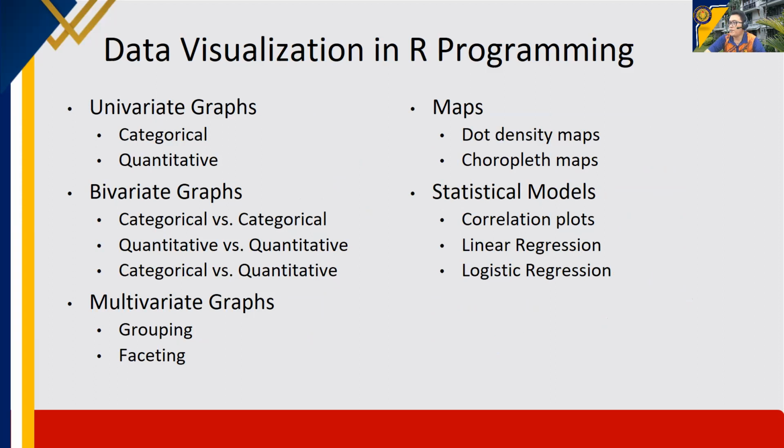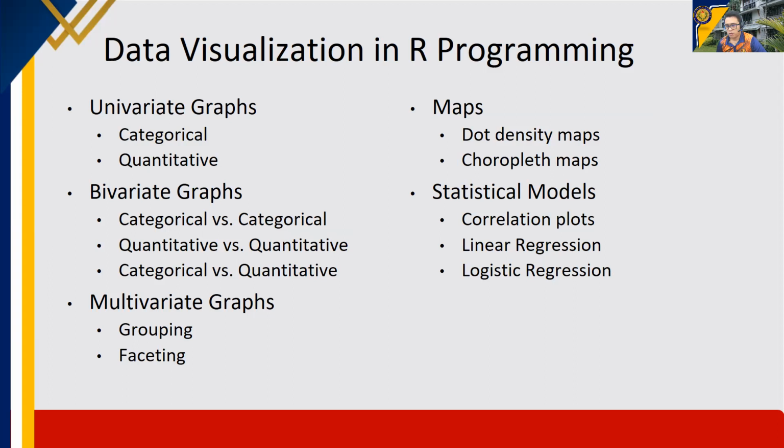These are just a few of the things that we can do for descriptive and inferential data visualization using R programming. We have the univariate graphs, such as categorical and quantitative information. We can also do bivariate graphs, such as categorical versus categorical data, quantitative versus quantitative data, and categorical versus quantitative data.